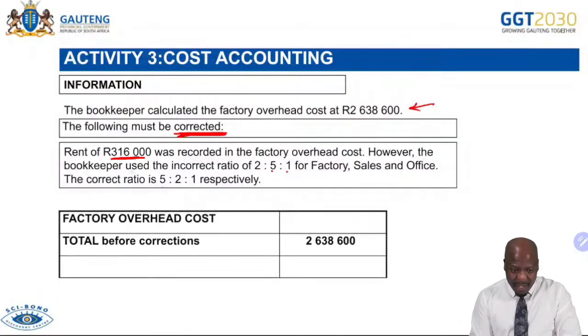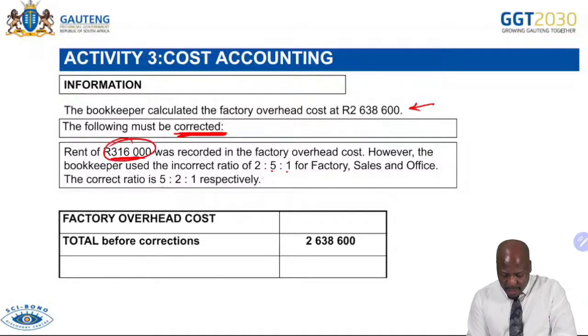What we know is that we have rent of 316,000, but this rent is after this ratio has been used. Once you hear the word respectively, it simply means the first one relates to the first one. So this is the factory, the sales, and the office. And if we say 2 plus 5 plus 1, that gives us 8.